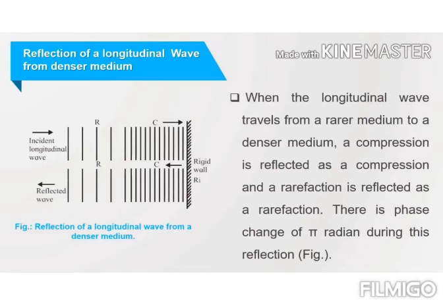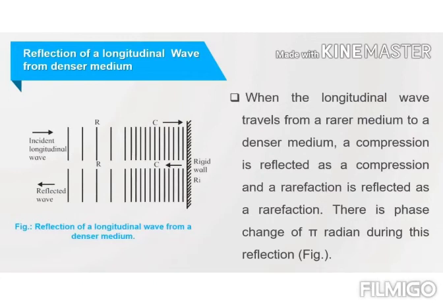When compression reaches the denser medium, it tries to push the particles of that medium, but the energy of particles in the rarer medium is not sufficient to compress the particles of the denser medium.